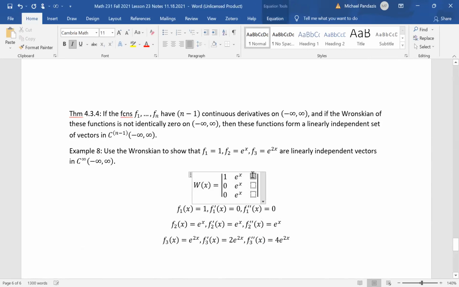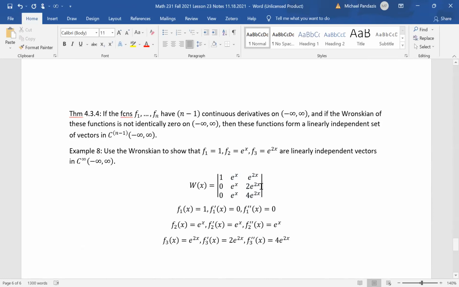So in the third column we have e to the 2x, the third function, then 2e to the 2x, its derivative, and then 4e to the 2x, its second derivative. So this is the Wronskian matrix.